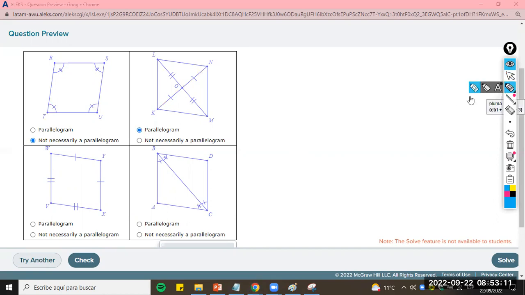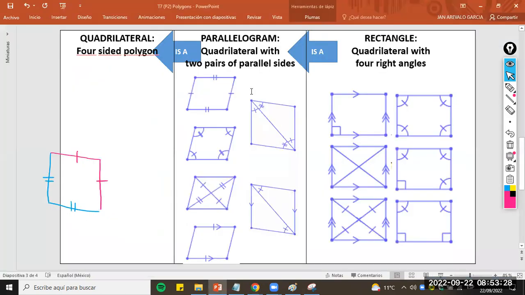What about the third one? We have that this side is the same length as this side, and this other side is the same length as this side. What do you think? Is it a parallelogram or not? Let's look at our table. If those were opposite sides, it would be a parallelogram, but not necessarily.